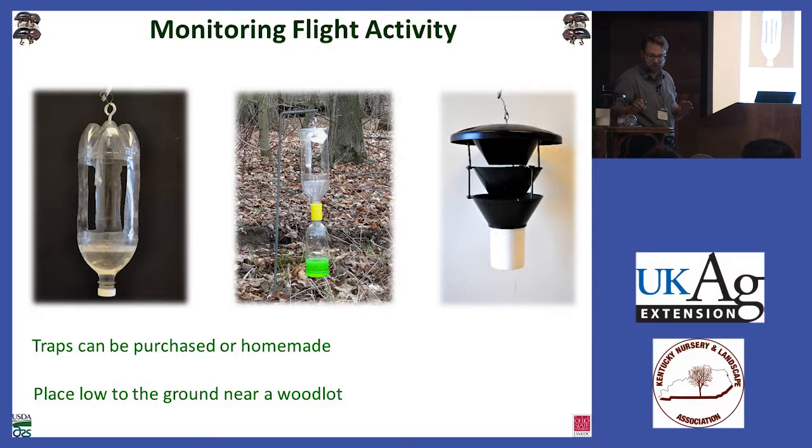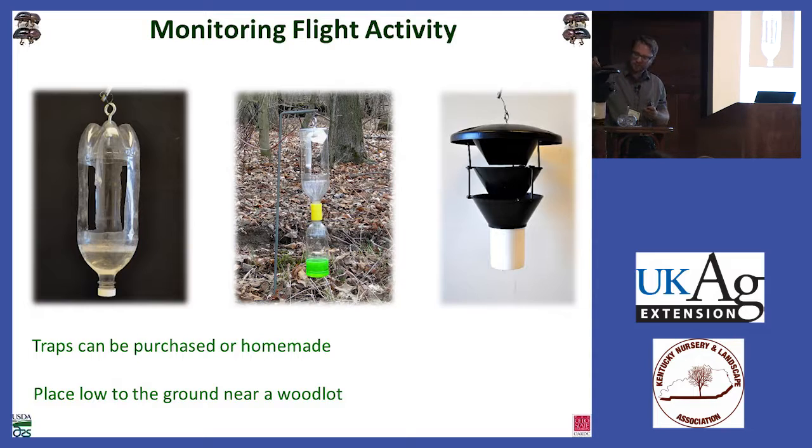The key, of course, is to place the traps low to the ground, because these are low-flying insects. I think that's probably because ethanol is heavier than air, so it will actually settle down and be low to the ground. So that's probably why they're flying low to the ground.